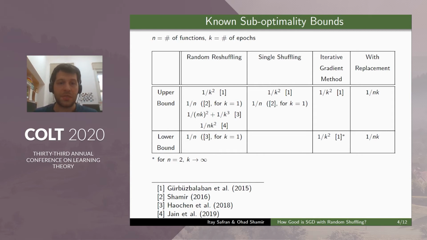So these bounds indeed show that we do get better suboptimality rates for more functions and more epochs, of course, but the exact suboptimality rates have remained elusive.